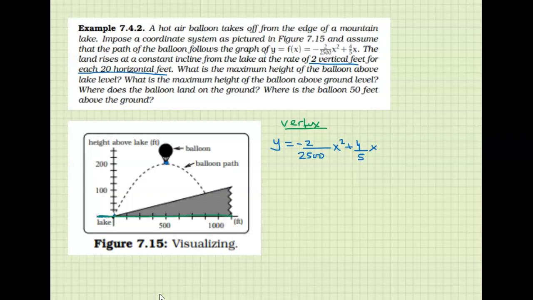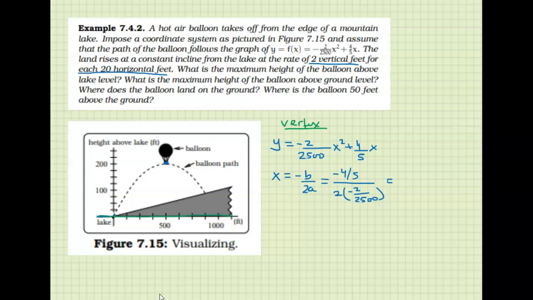So we find the vertex. x equals negative b over 2a. So b is 4 over 5, so we have negative 4 over 5 divided by 2 times negative 2 over 2500. Just use your calculator to find it, or you can simplify by hand.